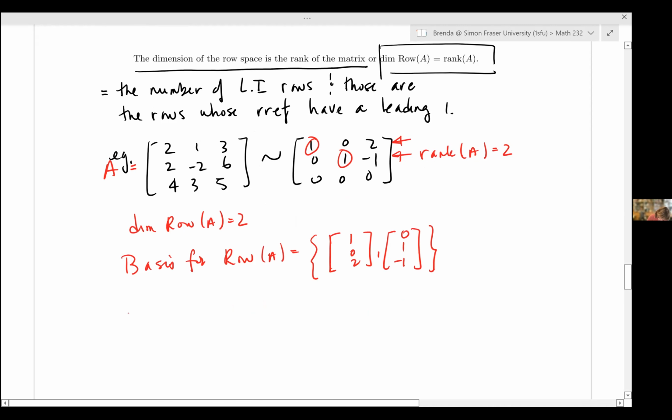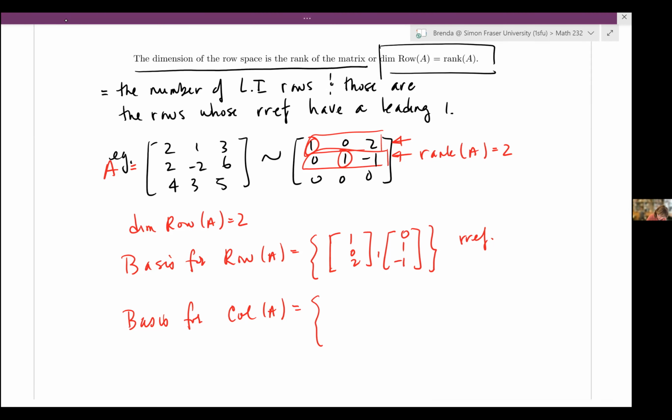Okay, the basis for the column space of A. Now you notice here I chose these two rows in the row reduced echelon form. Now I'm going to put down what the basis vectors are for the column space.